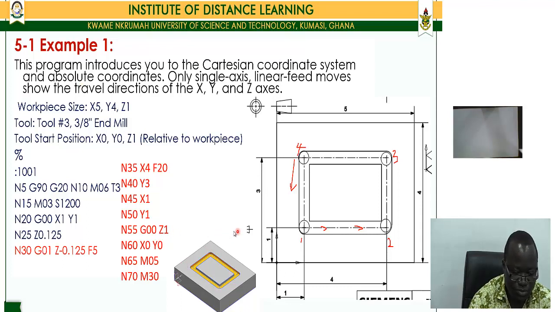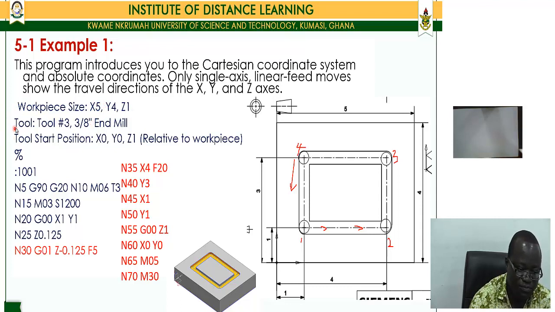So having this, and then knowing the tool that we want to use to create this profile, we put the tool size there. So first, what we need to write in the first line of the program is the workpiece size. We have to define the blank, and then we define the tool size.